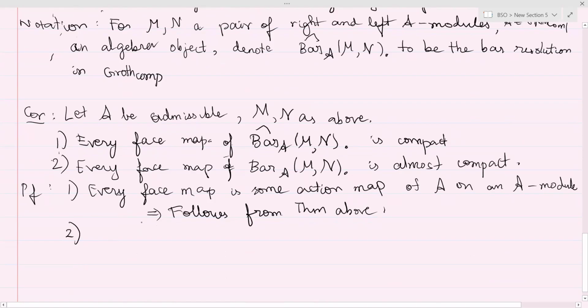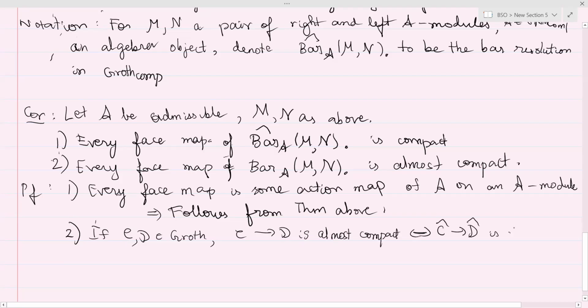For the second thing, we use interchangeably that it is the completion and it is the bar construction in Groth comp. So this follows from the fact that if C to D in Groth is almost compact if and only if the map from C hat to D hat is almost compact.